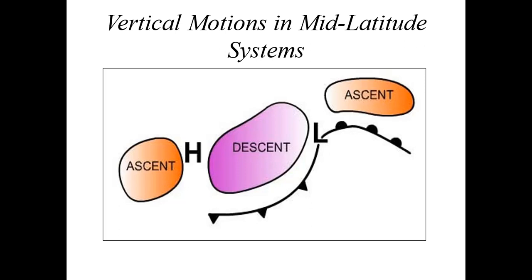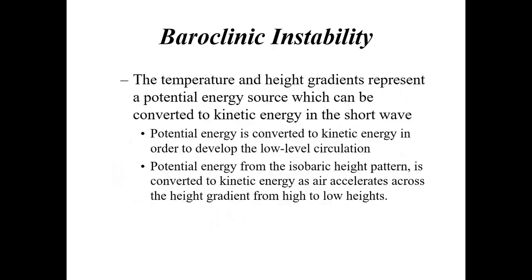And you get descent, that purple shading indicates where air is sinking, where you're generally going to have much nicer weather. So depending on where you are in relation to this storm and the frontal boundaries associated with the storm, that's really going to determine if you're in the ascent area, rising air, or descent, sinking air motion. And that's really going to determine what type of weather you're going to get.